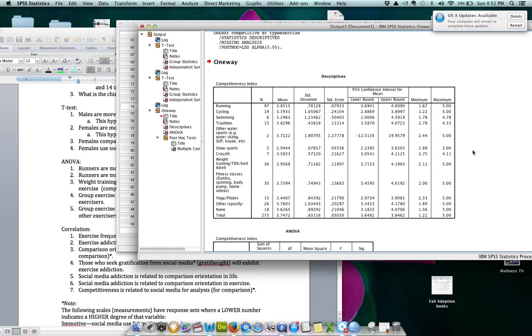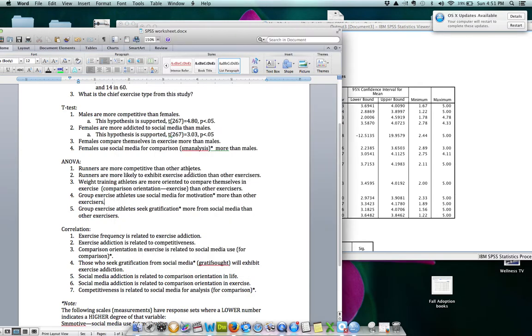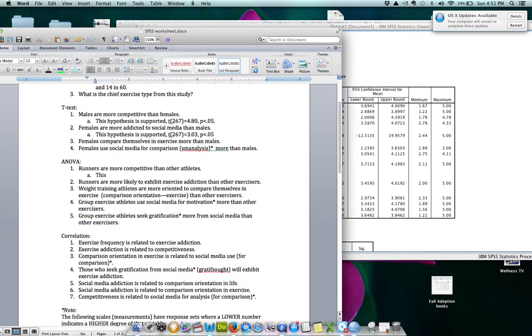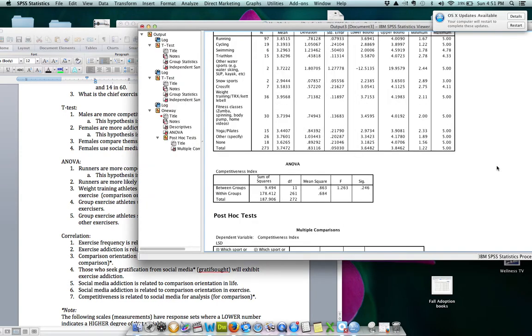All right. So my hypothesis here is not supported. So what I'm going to write: this hypothesis is not supported. Now, ANOVA uses the F statistic. This is your F statistic right here. And this is your degrees of freedom.